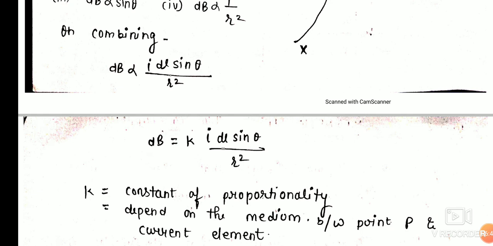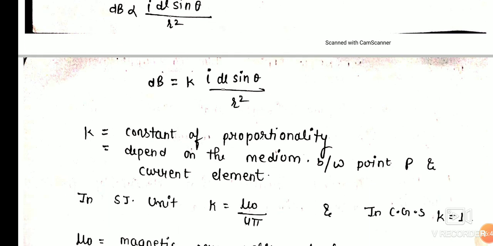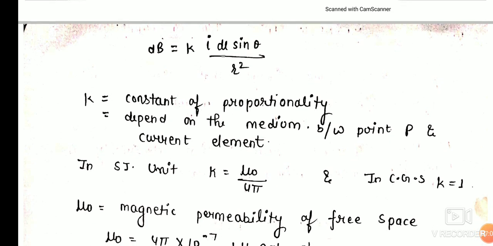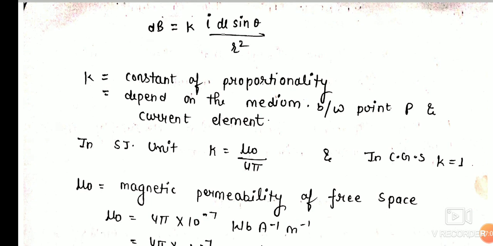On replacing the proportionality sign, we write equal to and a constant k, where k is the constant of proportionality. k depends on the medium between point P and the current element, and also on the unit. In SI units, k is equal to mu naught upon 4 pi, and in CGS units k is equal to 1.